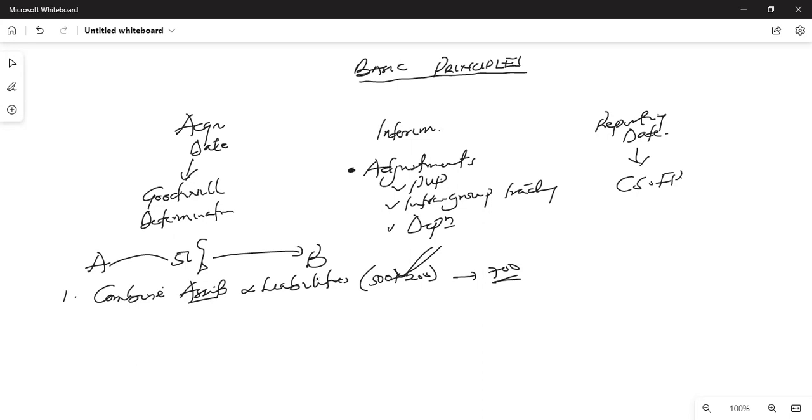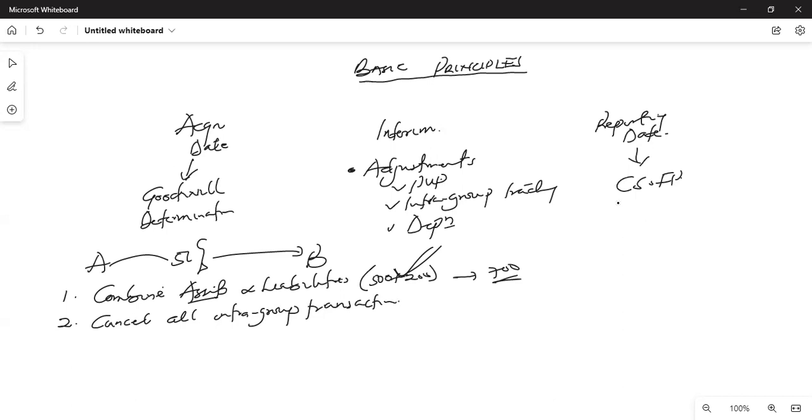Now, what is going to happen with the in-between transactions? The second principle is that you have to cancel all intra-group transactions. What do I mean?